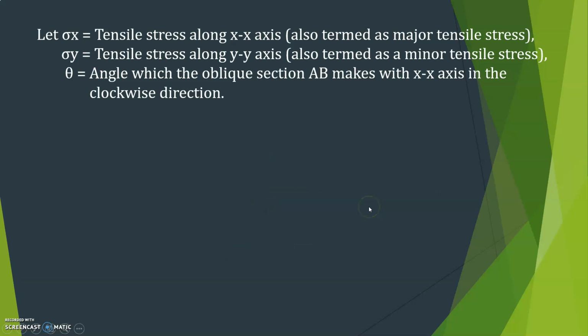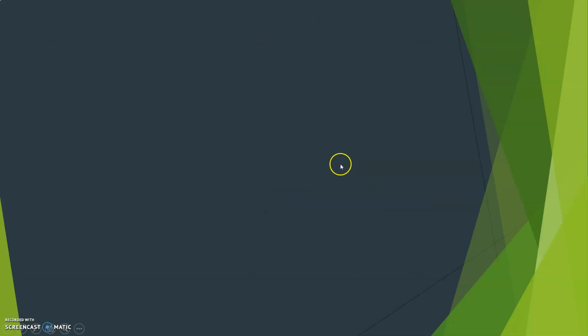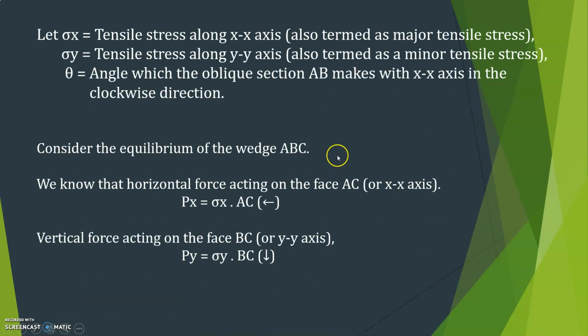This is just an assumption. Then you have to consider the equilibrium of the wedge ABC. We know that the horizontal force acting on the face AC, that is Px, is equal to sigma x into AC, and the vertical force acting on the face BC, that is on y axis, Py, is equal to sigma y into BC.